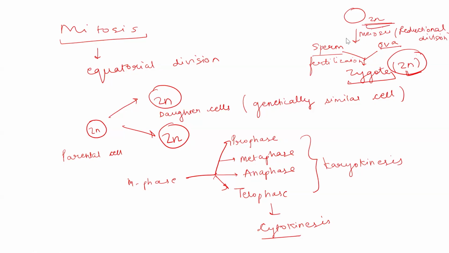Starting with the 2n organism, in the sperm and ova we will have only the haploid state, that is only n number of chromosomes. And upon fertilization, when the zygote is formed, it will again be 2n, that is, a diploid organism is formed.